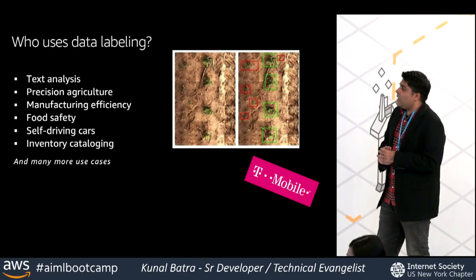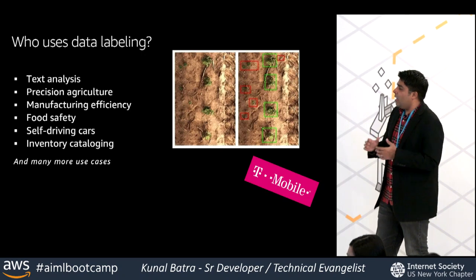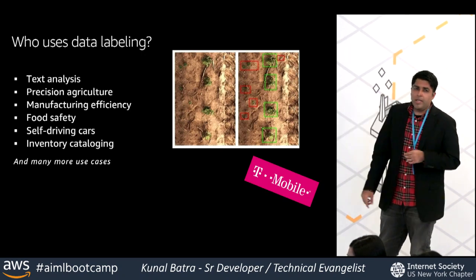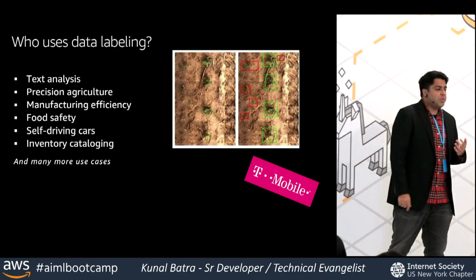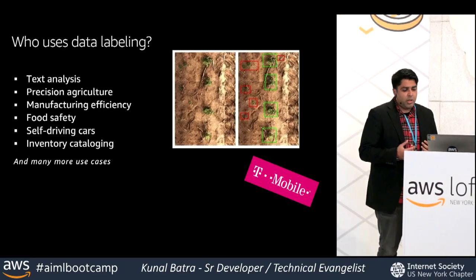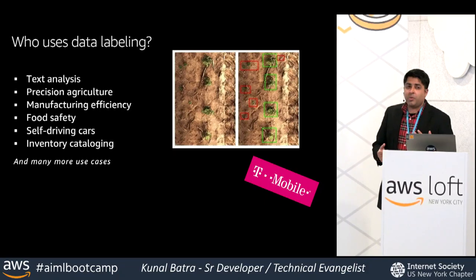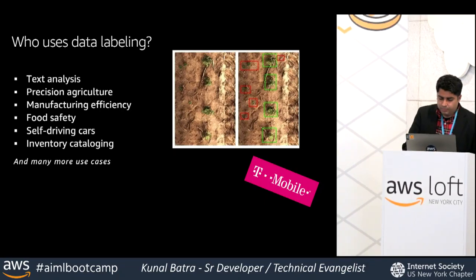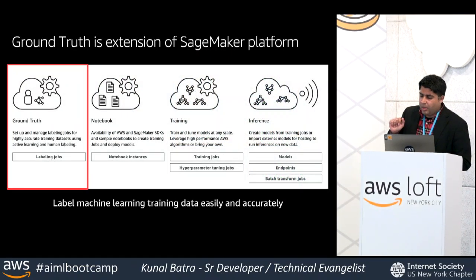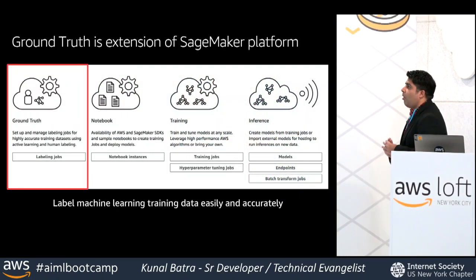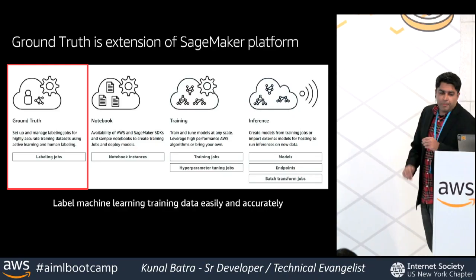So you can use less pesticides and still get a really healthy crop. And then also T-Mobile uses it, so anytime you have a question to one of their support agents, they've already trained a model, so they'll have possible answers already pulled up the moment they see your question. And so Ground Truth is a part of our SageMaker platform.